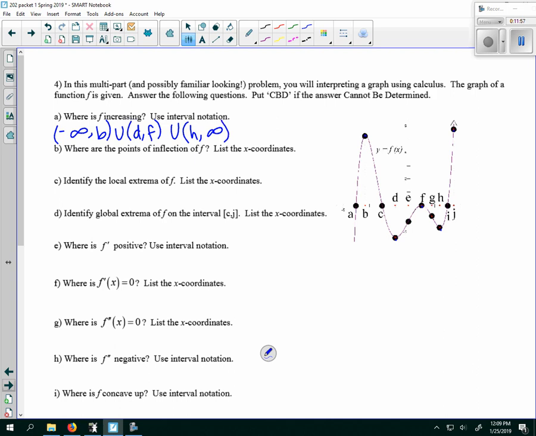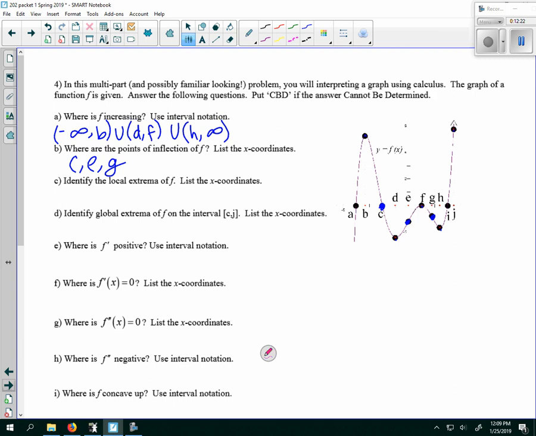Where are the points of inflection on F? So those are places where the graph changes concavity, down to up or up to down. So that would be here at C, E, and G. Identify local extrema of F. Those are maximums and minimums, and they just want the x coordinates.